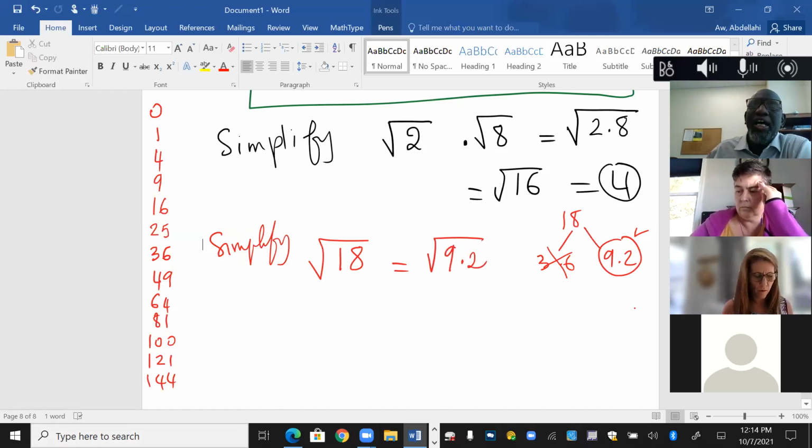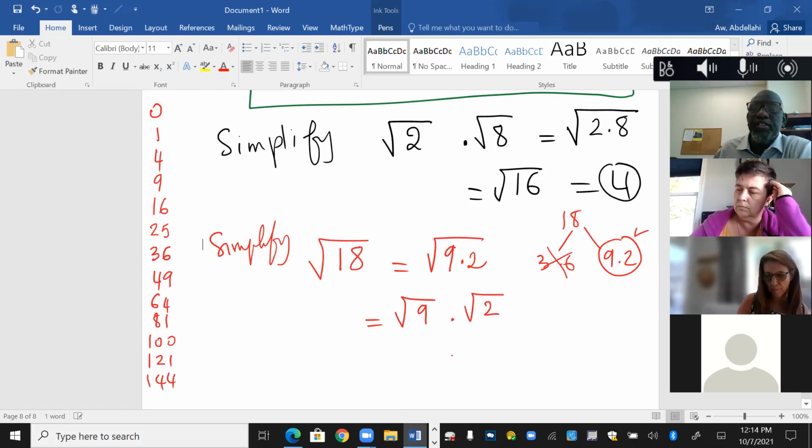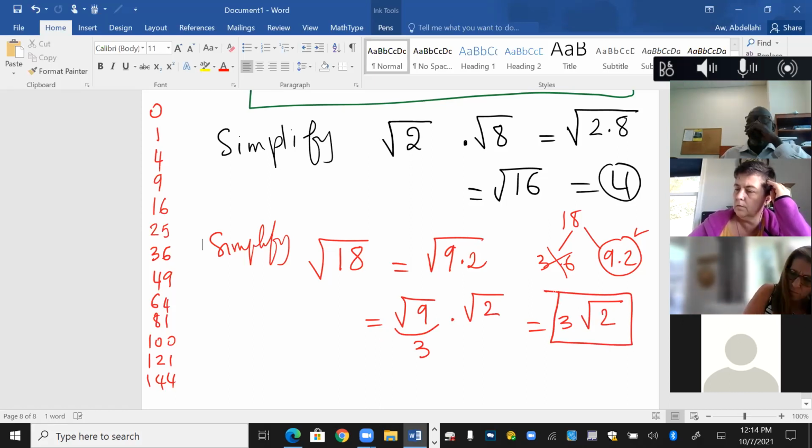Now, what does the rule allow me to do? The rule allows me to split, right? It's going to be square root of 9 times square root of 2, right? And now, how much is square root of 9? It's 3, so it's going to be 3 square root of 2. Okay.